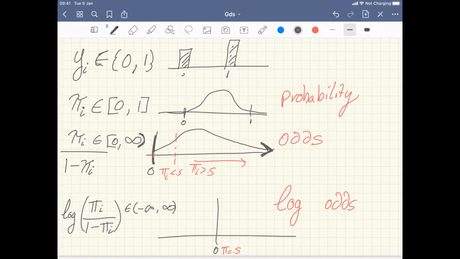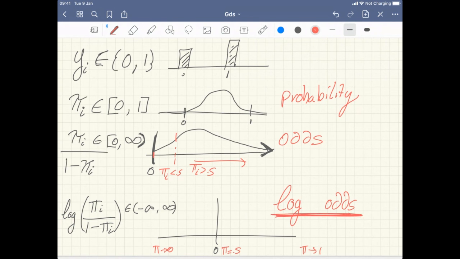And then as pi gets really, really big, the log odds gets close to infinity. So as pi gets close to 1, it goes to infinity. And as pi goes to 0, it goes to negative infinity.